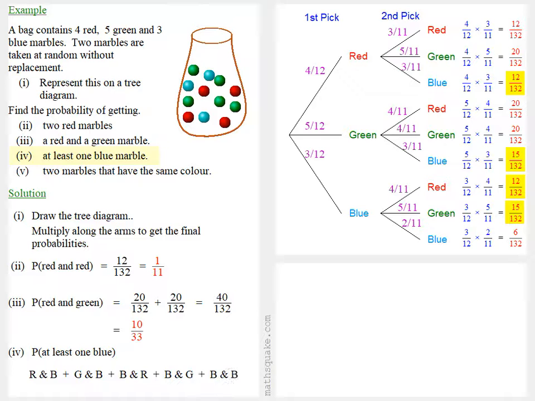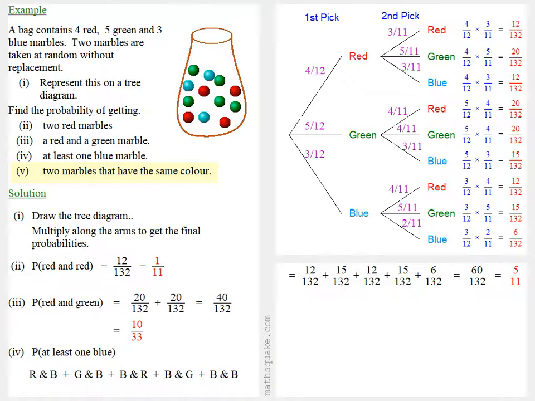And we could get a blue and a blue. Now that's 12 over 132 plus 15 over 132 plus 12 over 132 plus 15 over 132 plus 6 over 132, which works out to be 60 over 132, or 5 over 11.